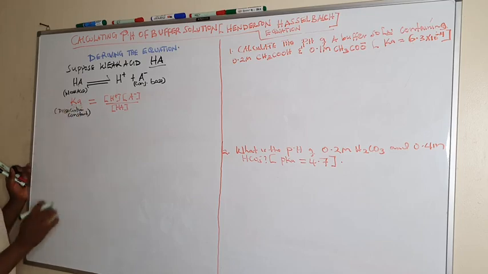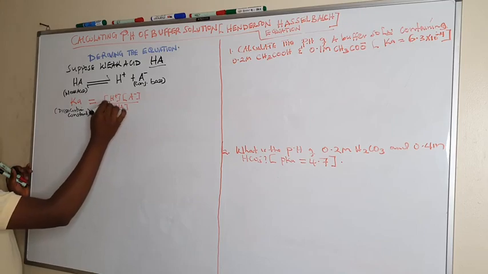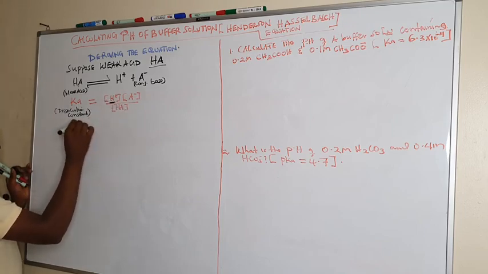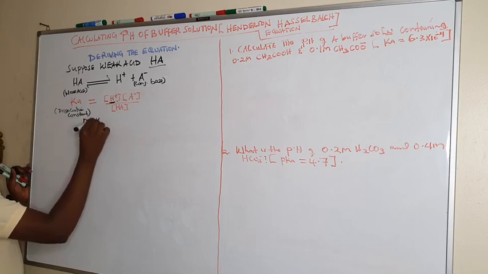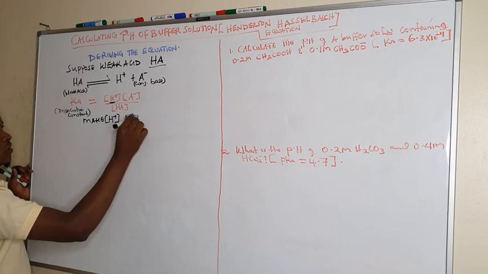After getting Ka, remember we are interested in calculating the pH. So I am going to make the concentration of hydrogen ion the subject of the formula.